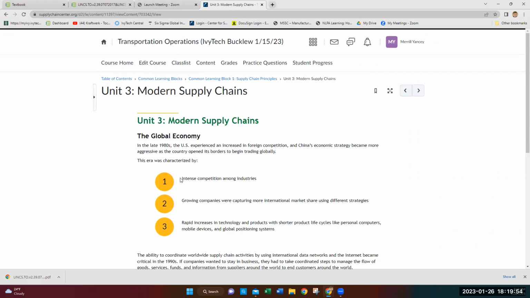And this talks about in a global economy, there's intense competition among industries. And we're finding that most of those are dominated by the Asian market, namely China. And there's growing companies that are capturing more international market share using different strategies.